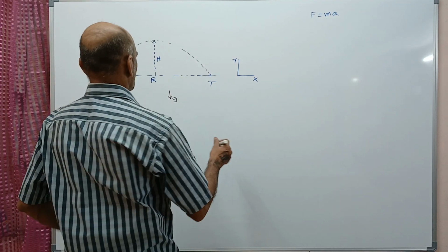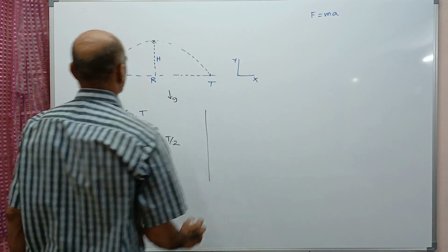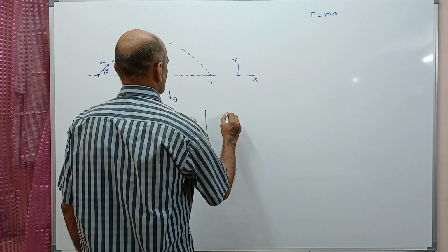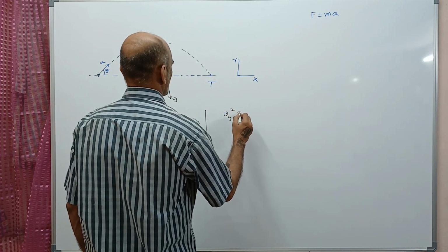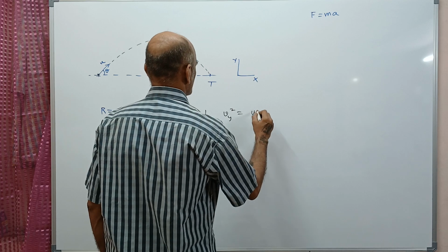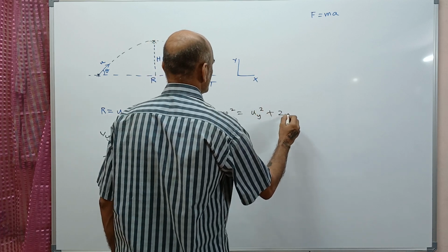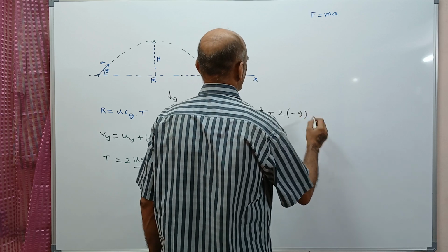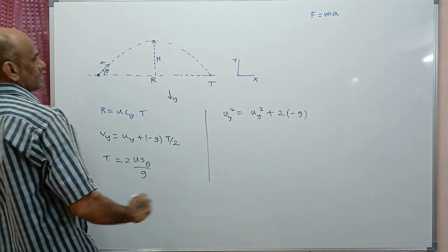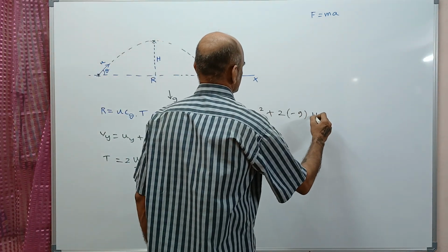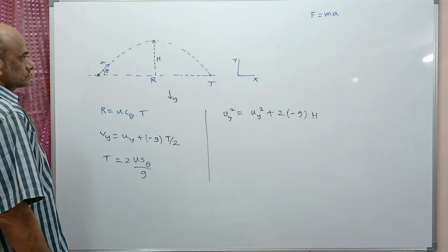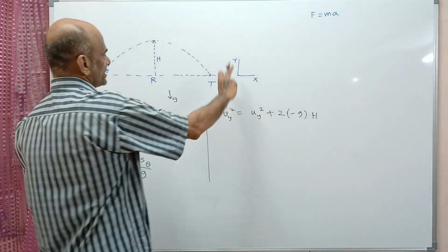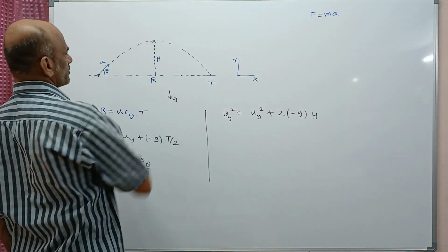To get the maximum height, again use the vertical motion. v square equal to u square plus 2as. V square in the y direction is u square plus 2 into minus g, and s is between these 2 points, it's capital H. From here to here, the displacement is plus H, because upward direction is positive, and vy at this point is 0.